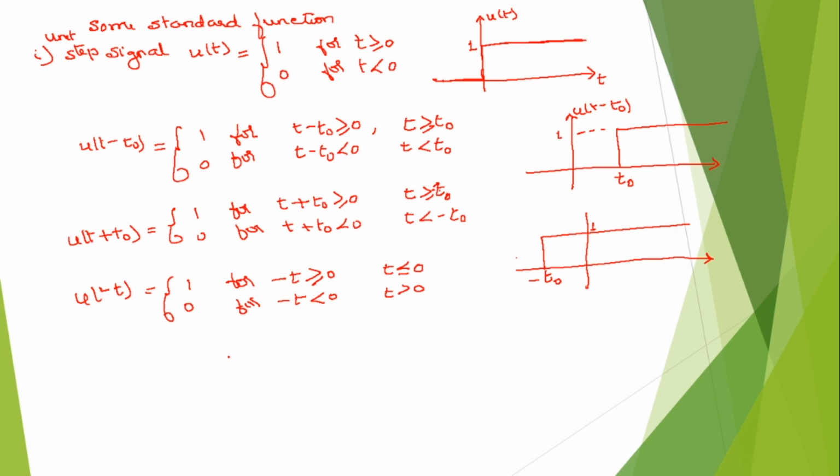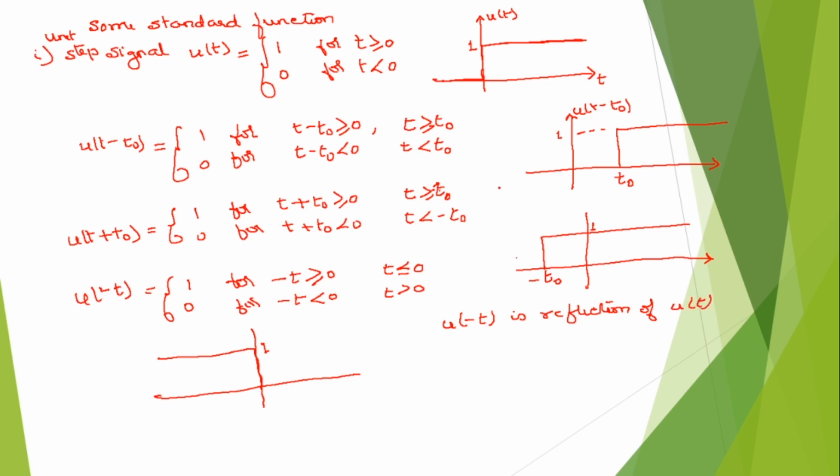That means u of minus t is a reflection of u of t.